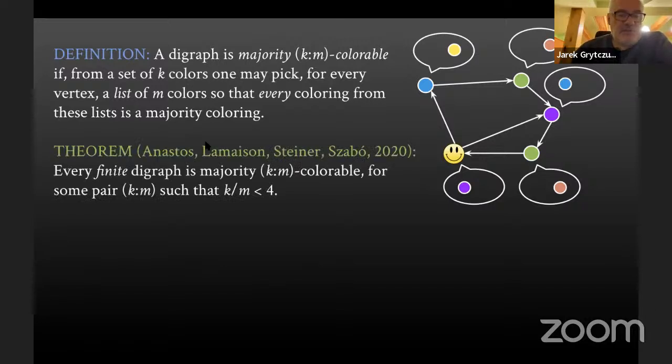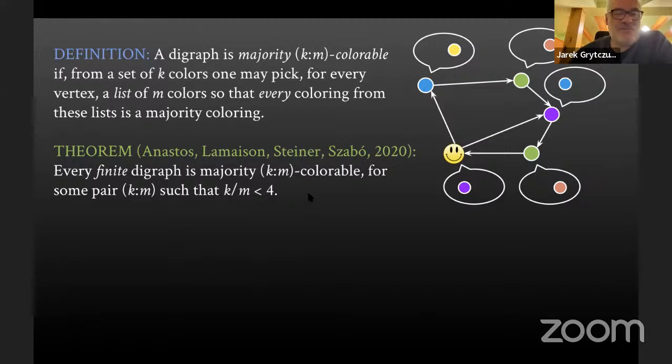And there is a nice theorem by these authors, which makes a small step towards the conjecture that 3 colors are sufficient, because they at least could prove that for every finite digraph, you can find 2 numbers such that our digraph is colorable in this sense, and the fraction of these 2 numbers is slightly smaller than 4.